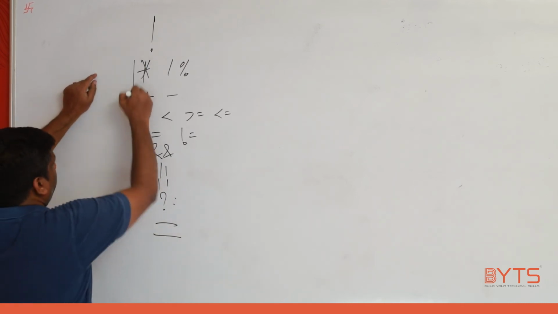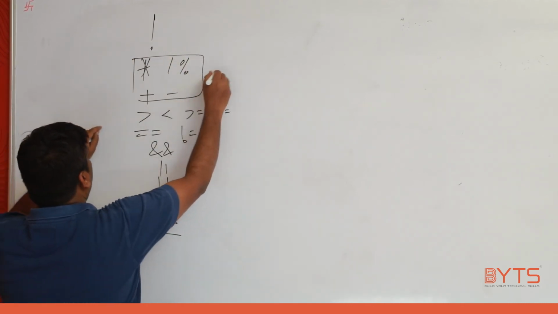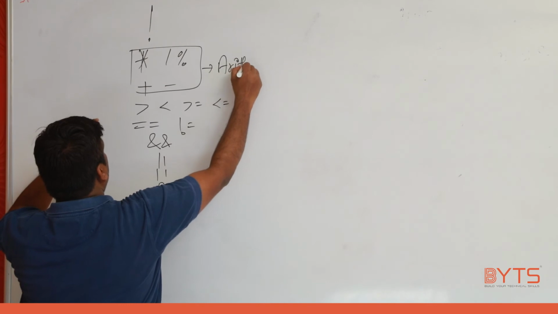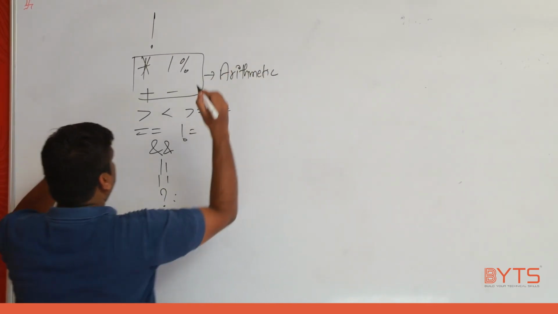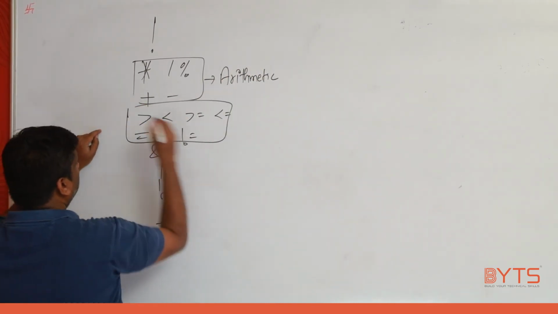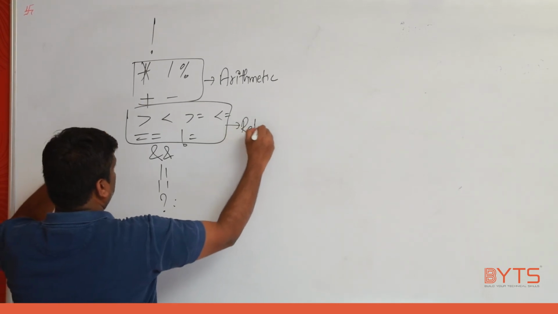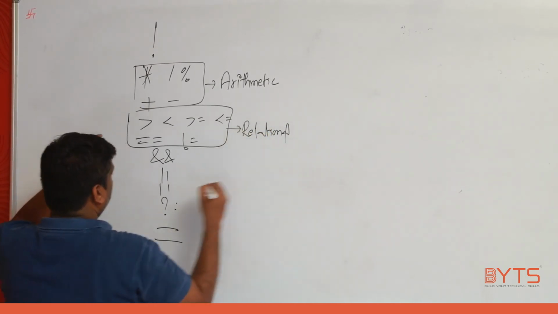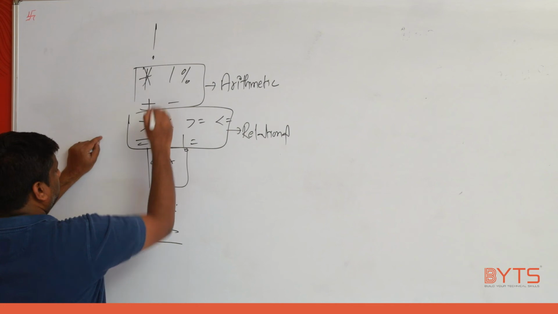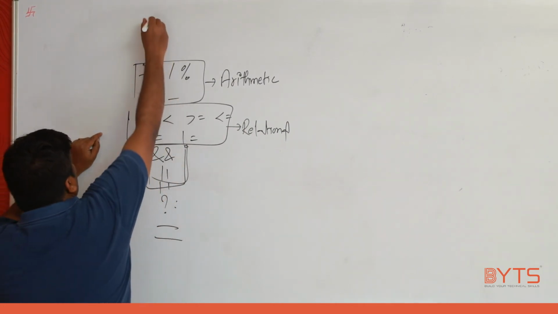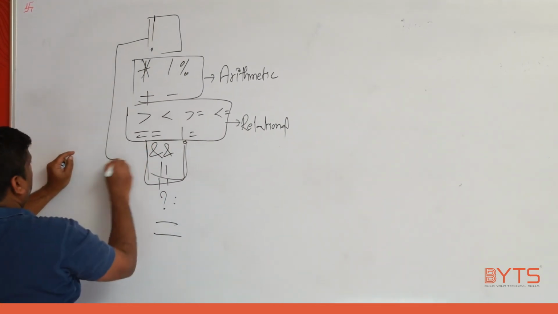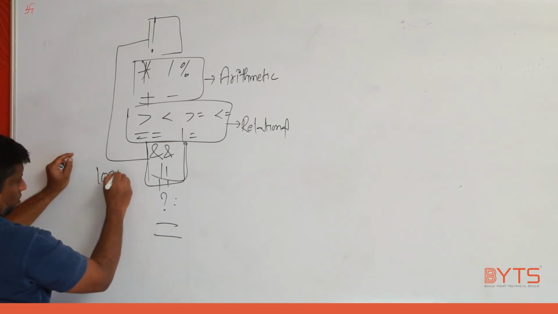Based on the nature of operation, these are called arithmetic operators. These are called relational operators. These are called logical operators.